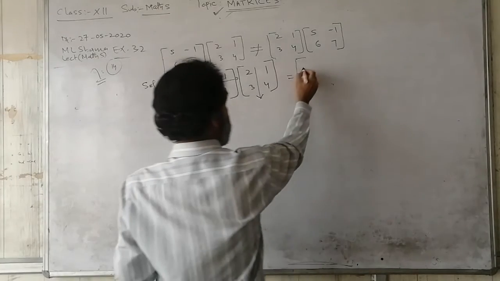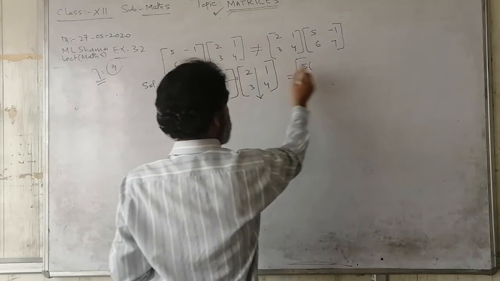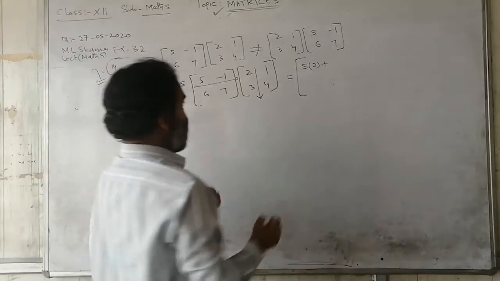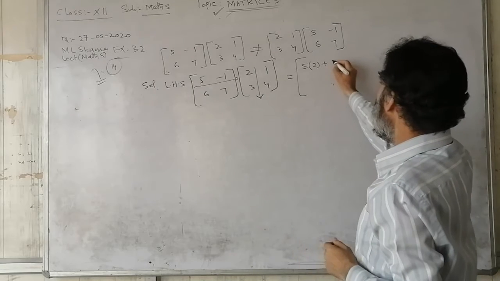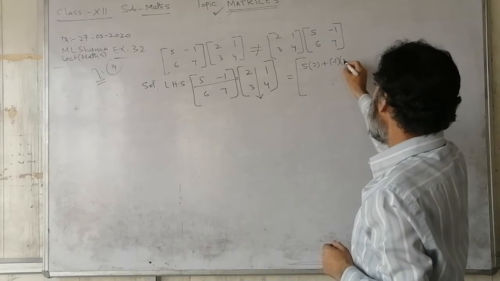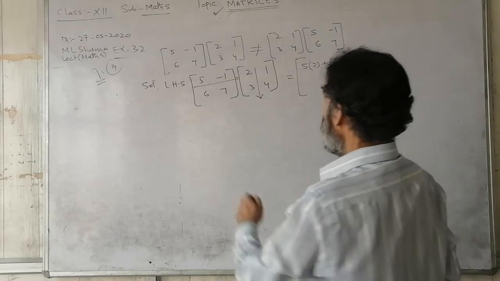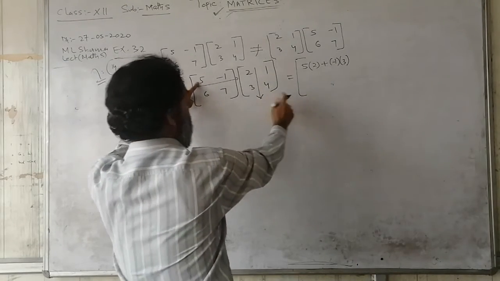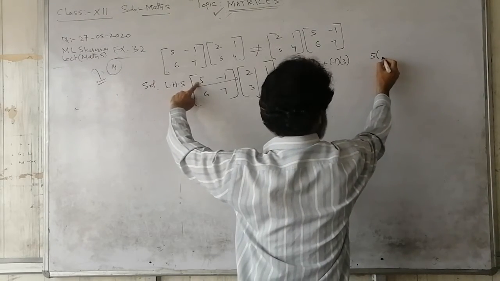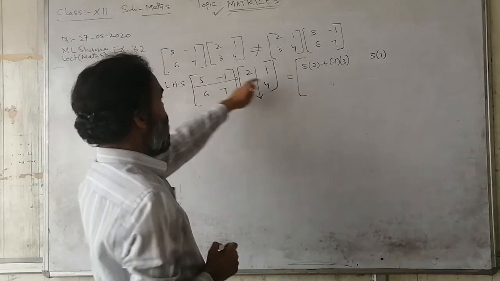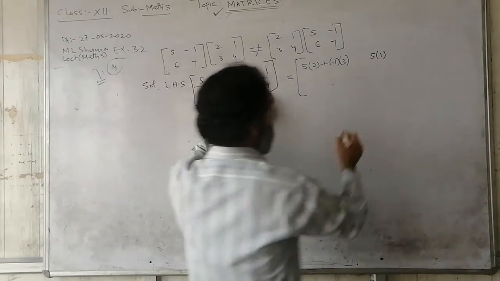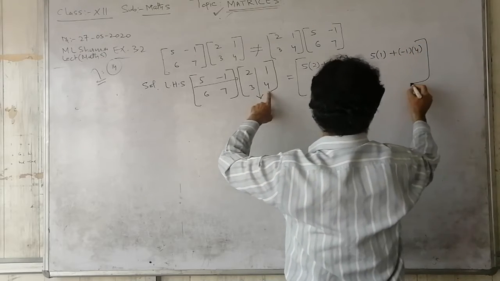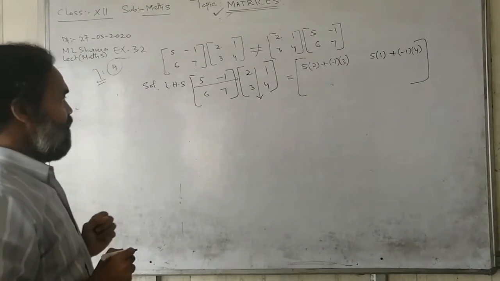So 5 into 2 plus this minus 1 into 3. So first row, first column. Again, first row, second column. So 5 into 1 and minus 1 into 4. So these are elements of first row.